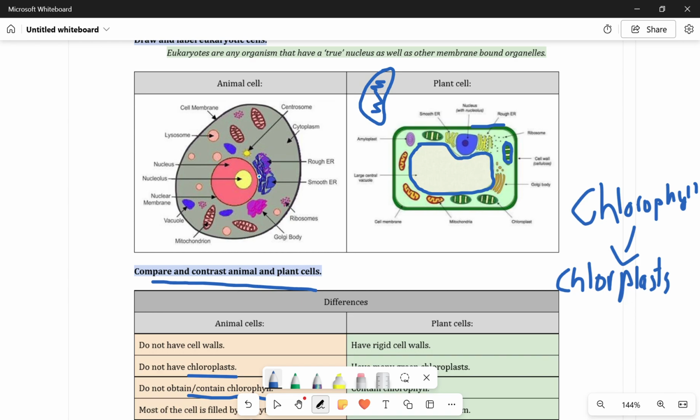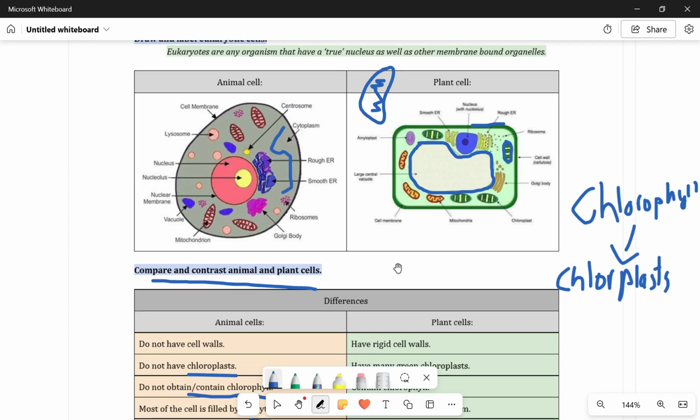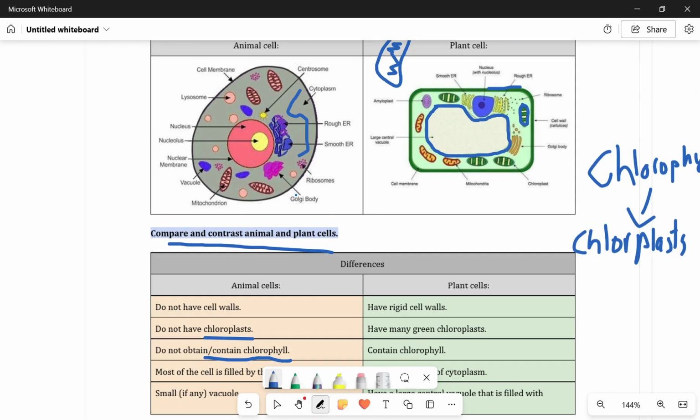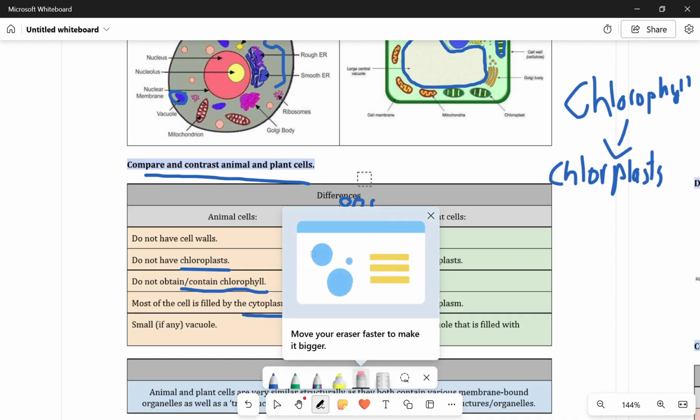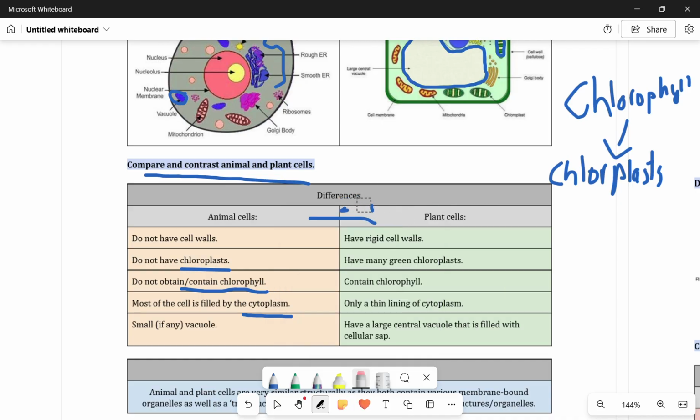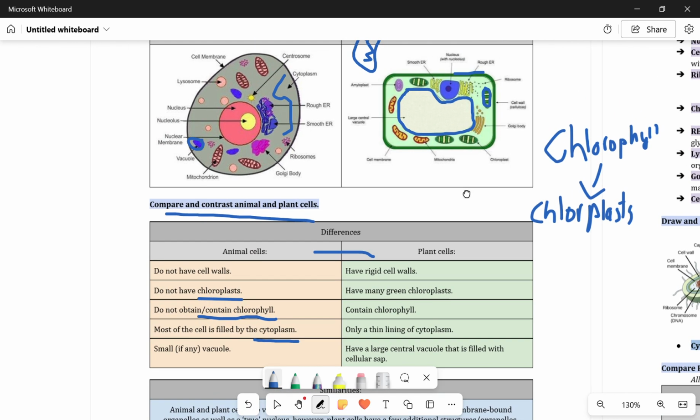So they have a huge cytoplasm, like you see the gray part here. If there are any vacuoles present, they are small in size. Both of these have 80S ribosomes, meaning 80 size ribosomes. You don't need to know this, but it's just extra information that will be so useful in DP years.